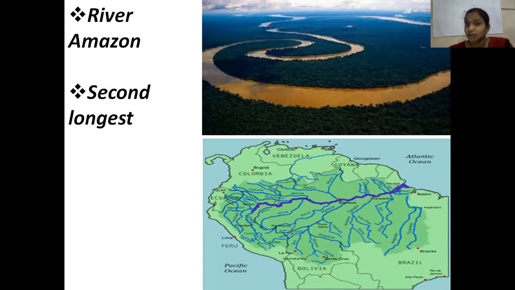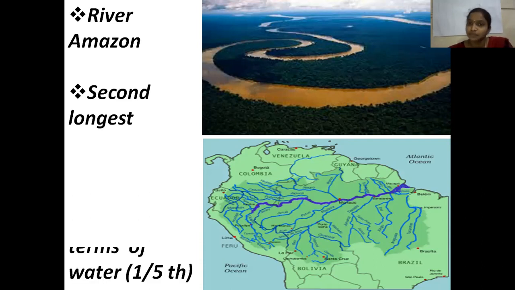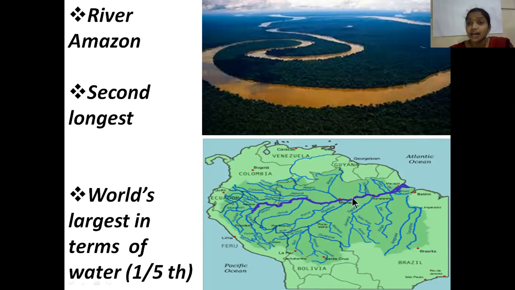The first river we learned about was the Nile, right? The second longest river is the River Amazon, and it is the world's largest in terms of water, that means fresh water. We already learned that we have only 2.7% fresh water on the earth, right?